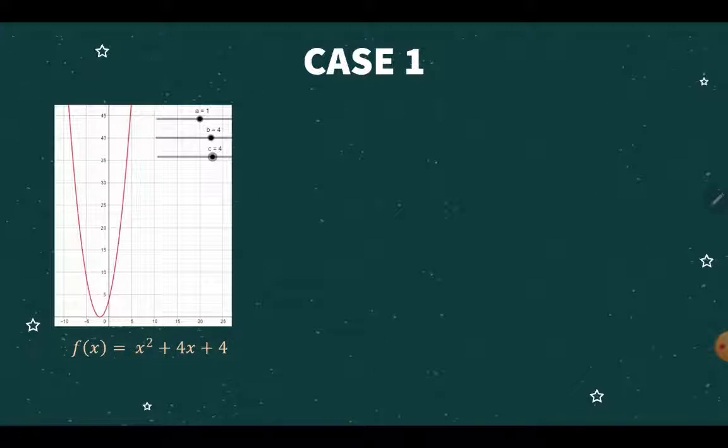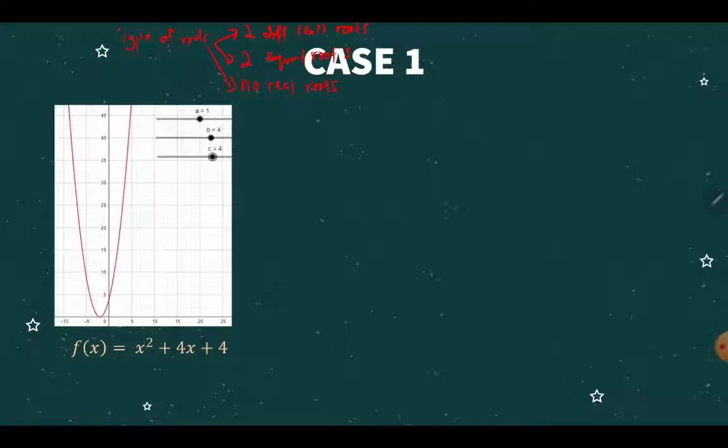Before, we have learned about type of roots of quadratic function. Remember, when we talk about type of roots, we have 3 types of root. First, 2 different real roots. The second one, 2 equal roots. And the third one, no real roots.